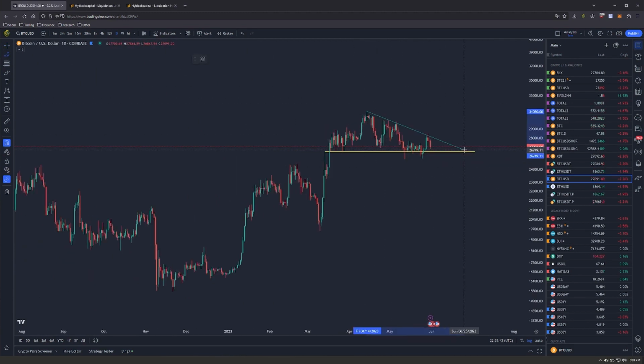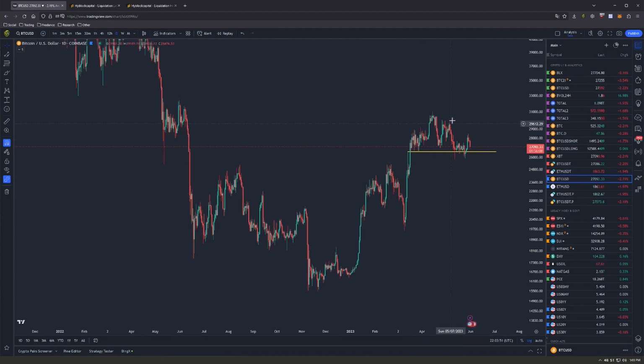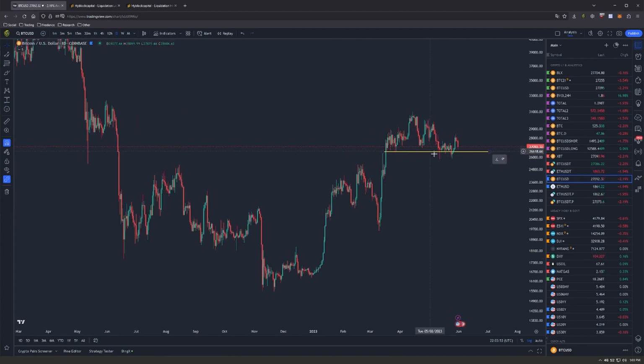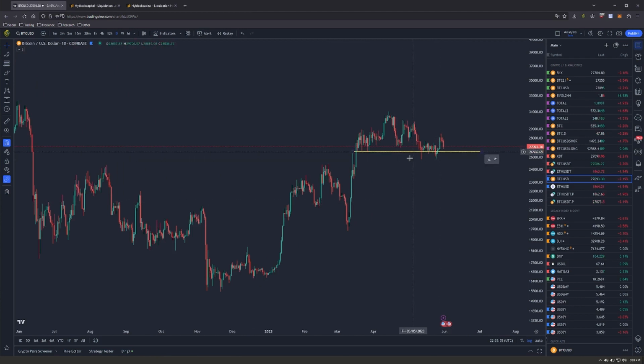Are we actually just flagging here and going to see a breakout of this channel and a continued move to the top side, to potentially throw us into a new overall macro bull market? Or are we going to lose very key support at 25K and start retesting lower consolidation levels in here, around 20, 21, 22K? So those are the two scenarios that I'm putting together.